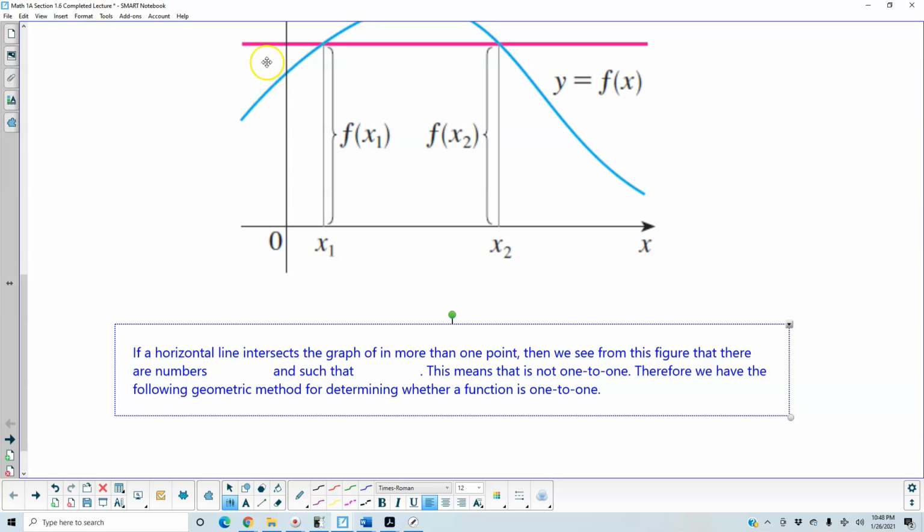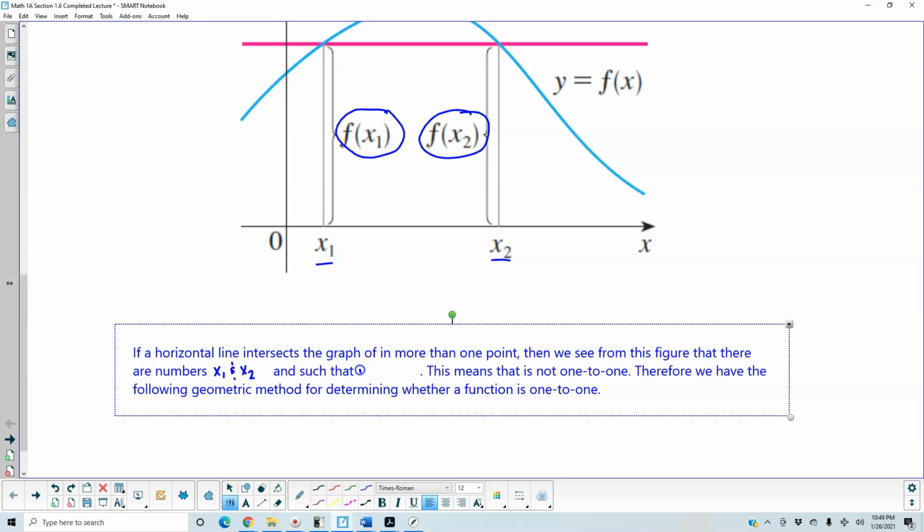If a horizontal line up here intersects the graph in more than one point, then we see from this figure that there are numbers x1 and x2 such that we have outputs that have the same height.